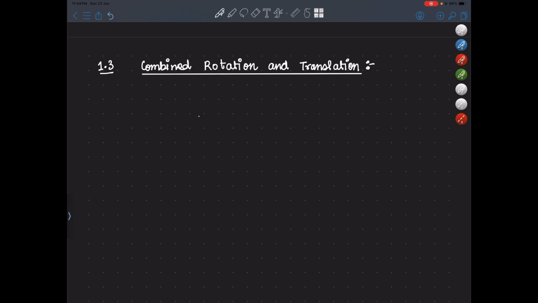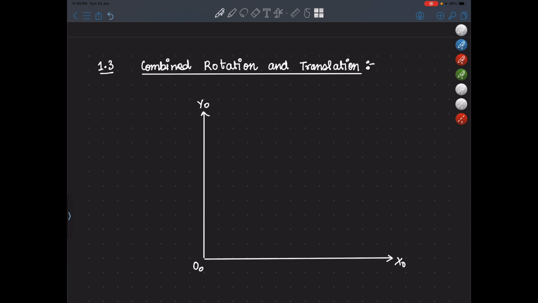So let this be the fixed frame, x0, y0, o0.